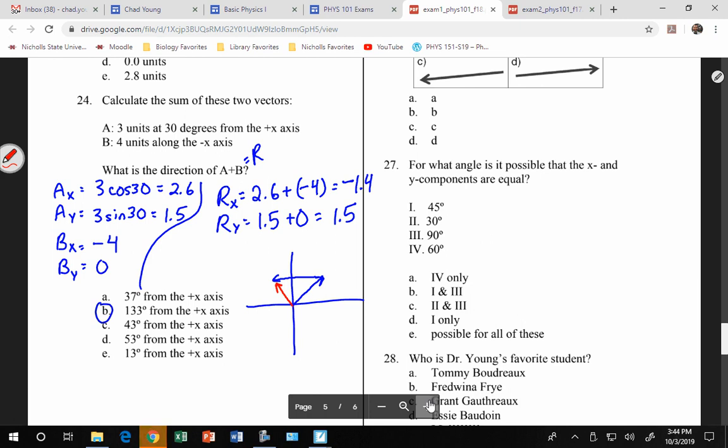But if you're not sure, or if you're not able to choose, then to find theta, you say the inverse tan of 1.5 over 1.4. If you have a fancy calculator, you can put in the signs for the components, but I don't recommend it because you have to have like a TI-89 or whatever above. Most of your calculators won't recognize which component is negative if you put it in.